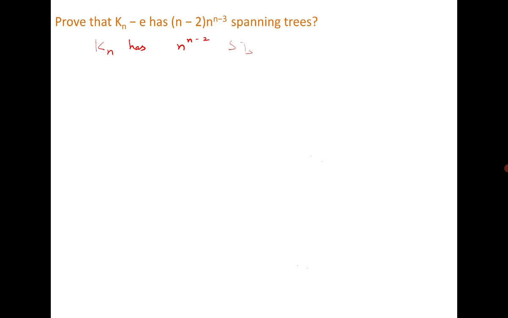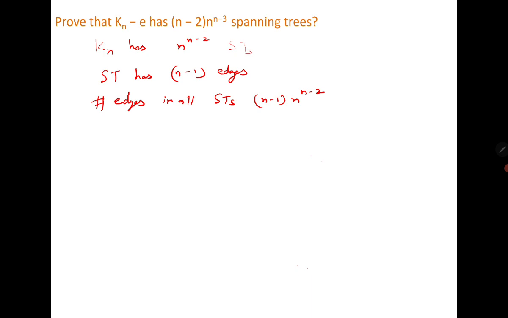That gives us the number of spanning trees in Kn minus E. So now, a spanning tree has n minus 1 edges, and the total number of spanning trees is n raised to the power n minus 2. It means the number of edges in all spanning trees is n minus 1 times n raised to the power n minus 2.